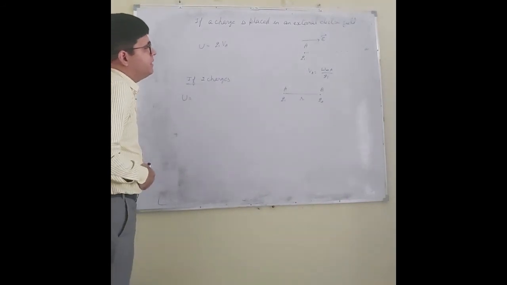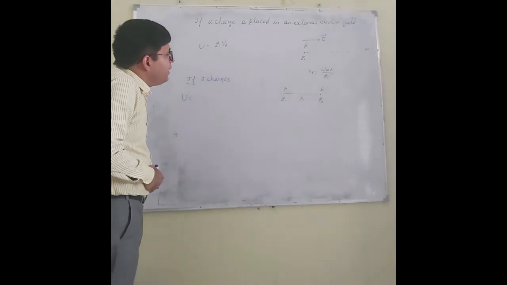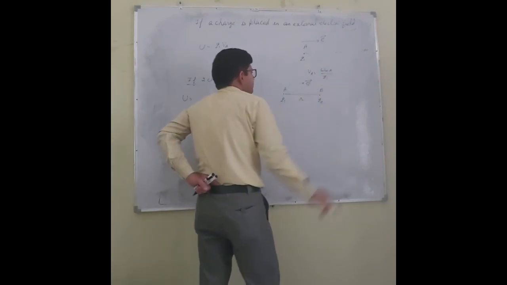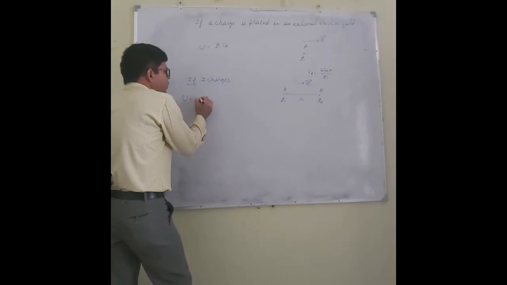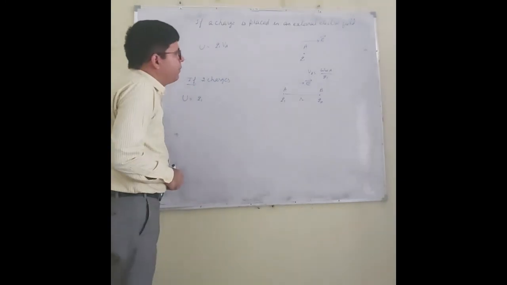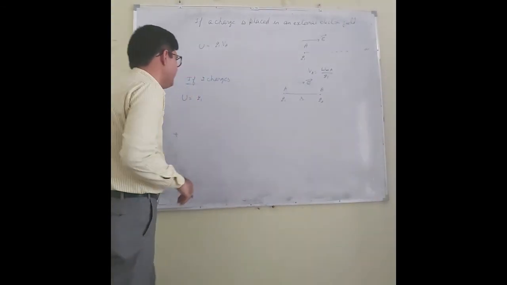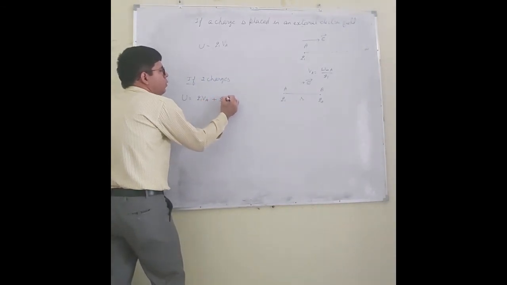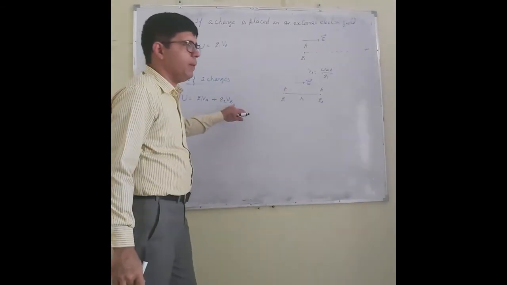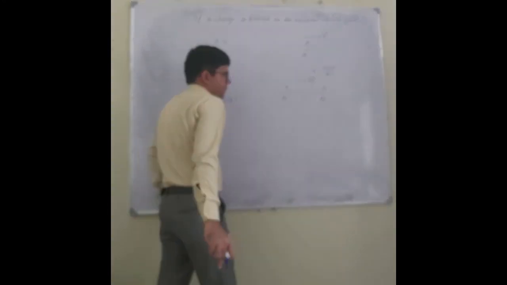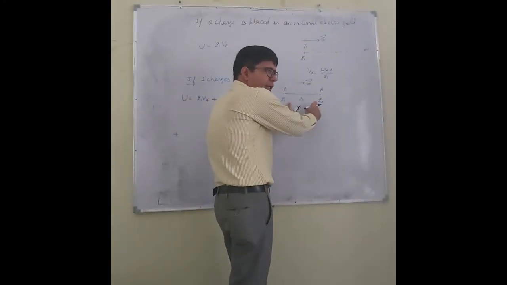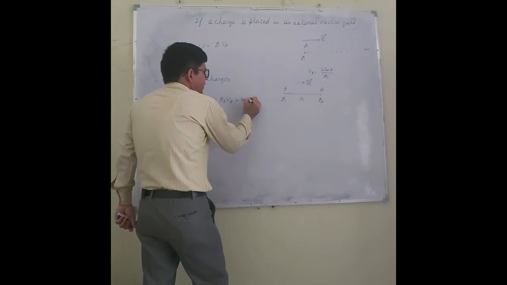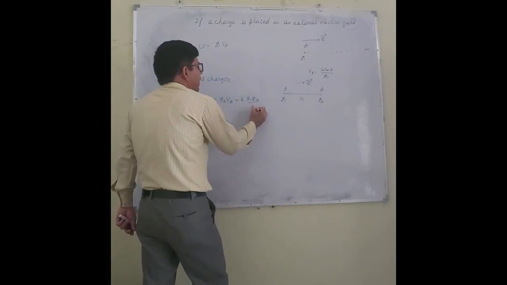Now, if these charges are placed in an electric field E, it will be equal to work done in bringing Q1 charge from infinity to point A, Q1 multiplied by potential at A, plus Q2 charge from infinity to point B, multiplied with potential at B, plus electric potential energy due to interaction between these two charges, and that is K Q1 Q2 by R.